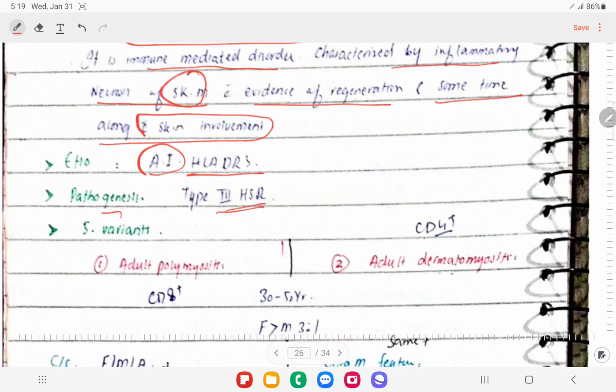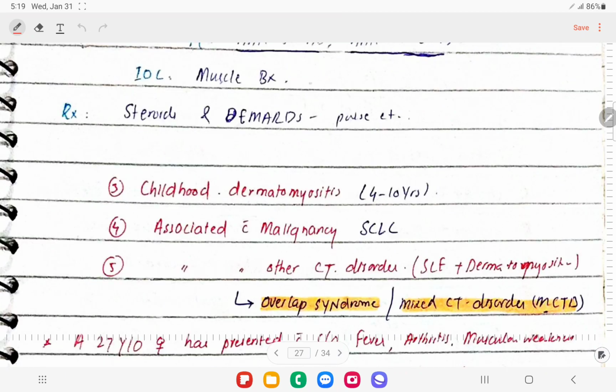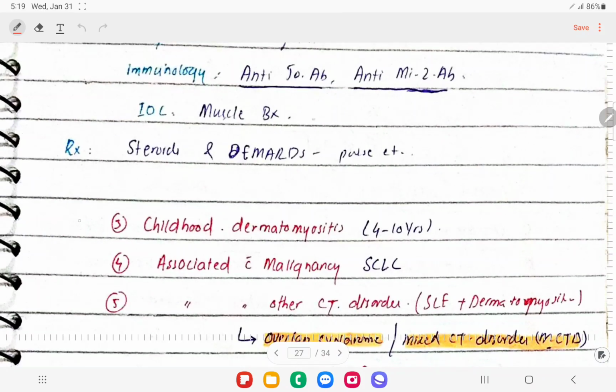So we have 5 variants of polymyositis and dermatomyositis. The first one is adult polymyositis. The second one is adult dermatomyositis. And the third variant is childhood dermatomyositis, which occurs at 4 to 10 years.